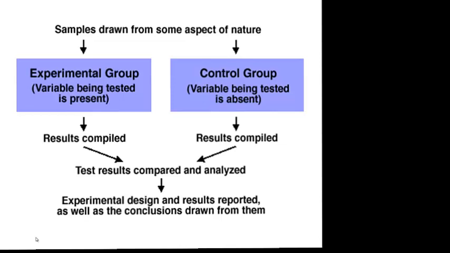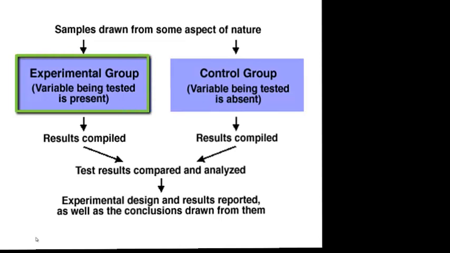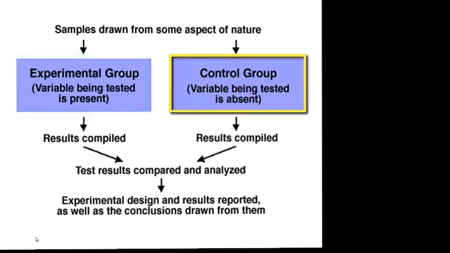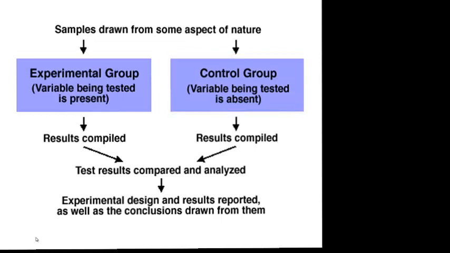Now that we have the variables, let's talk about the basic design of an experiment. Generally, experiments are divided into two groups: the experimental group and the control group. The experimental group is going to be the one where all variables are applied to the group, including the independent variable. The control group receives all the variables except the independent variable. So the purpose here is to ensure that the independent variable is leading to the assertion stated in the hypothesis.